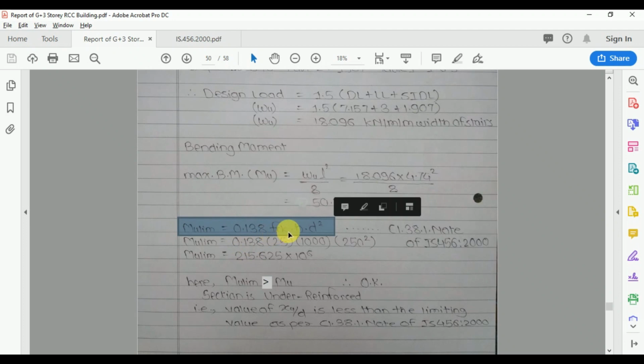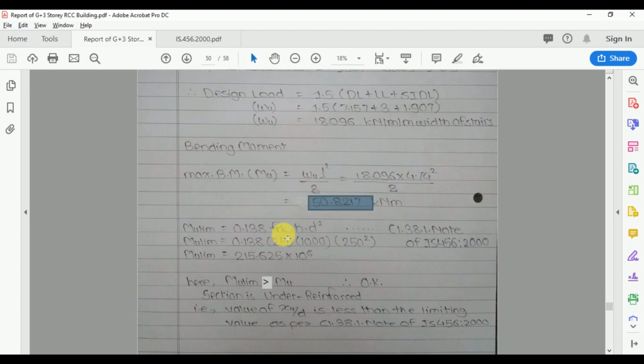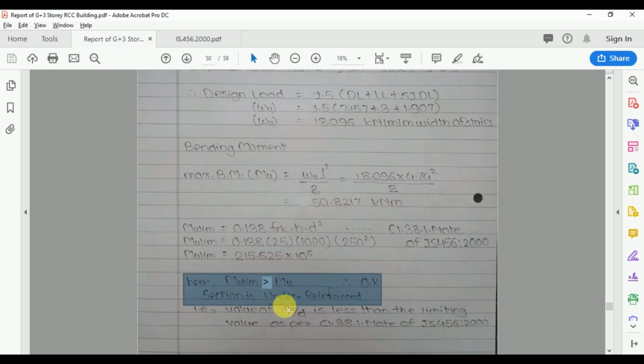By inputting the values of FCK, B and D, we got the value of MU limiting as 215.625 kilonewton meter. This value is more than the maximum bending moment which is coming on the staircase. That means the limiting value is more than the actual bending moment on the staircase. Hence the section is under reinforced.